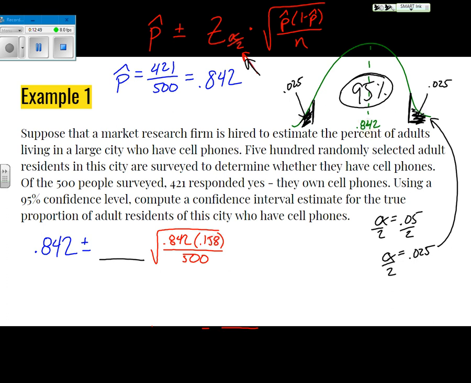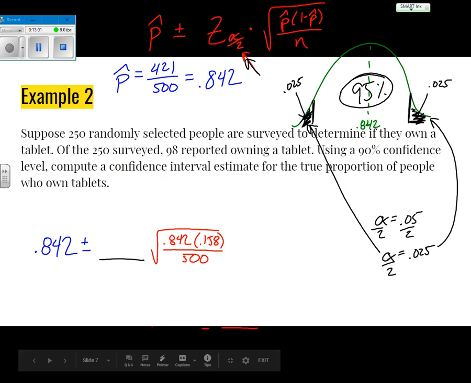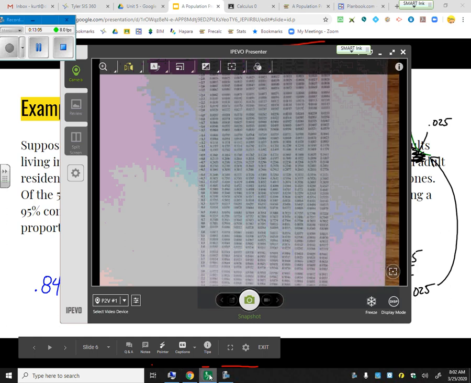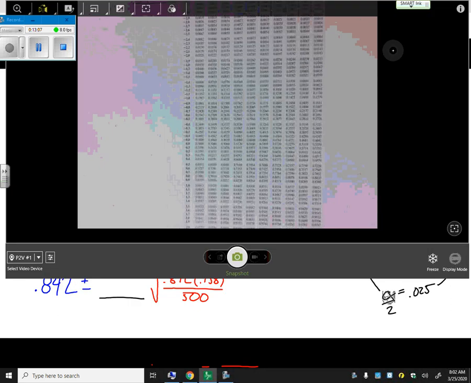And so I'm going to have to go back to my table on this. I think it's going to be easier to find the area from this tail right here. Because if you remember my z-chart, it loves area to the left. All right? It absolutely loves area to the left.